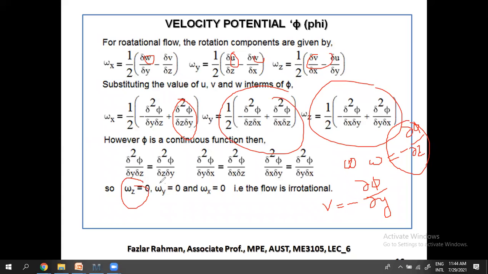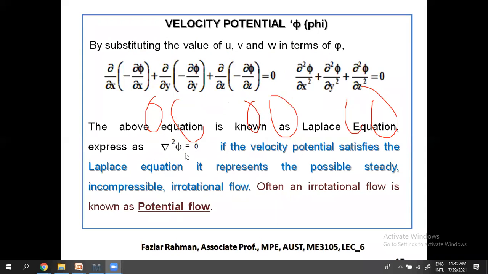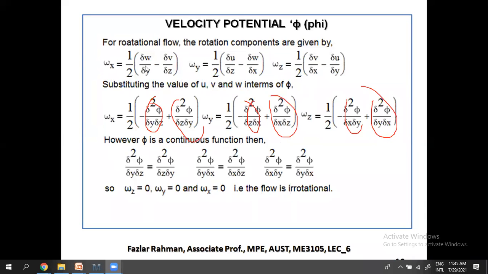This equals 0, this equals 0, this equals 0, right? If this is 0, that means this term equals this term, and this term equals this term, and this term equals this term. That means if you have a phi, then you can use this Laplace equation, and also you can use the rotational vector equation. Then you prove that there is no rotation of the fluid element. So the flow is irrotational. So you have two options. Okay.